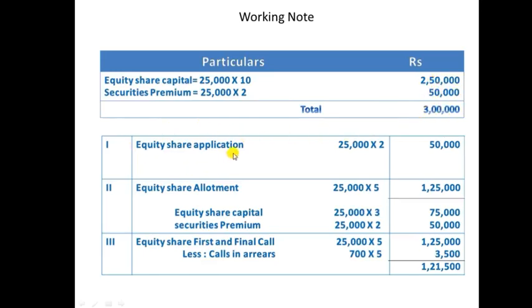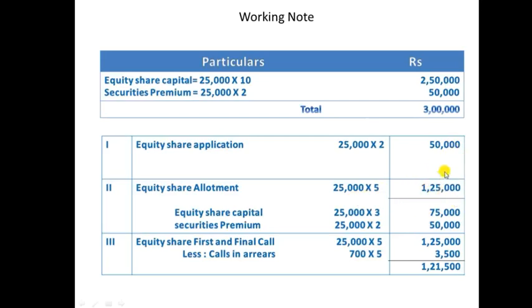Those who want to invest in a company as a share need to apply first through the application. So the company collects at the time of application 25,000 shares into 2 rupees, 50,000, and in the second installment the company is going to collect 25,000 shares into 5 each, 1,25,000. This 1,25,000 is including premium.